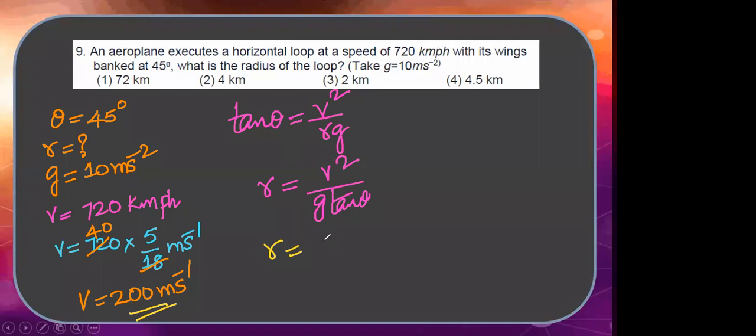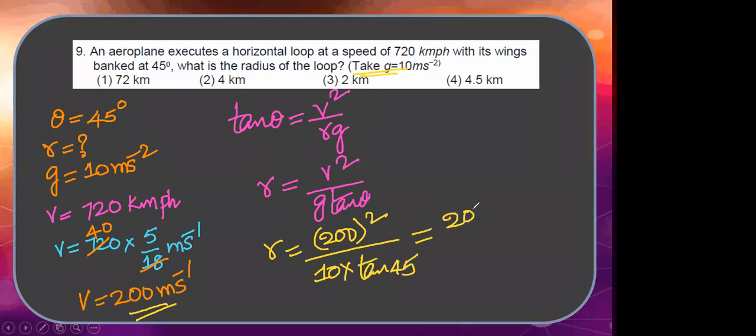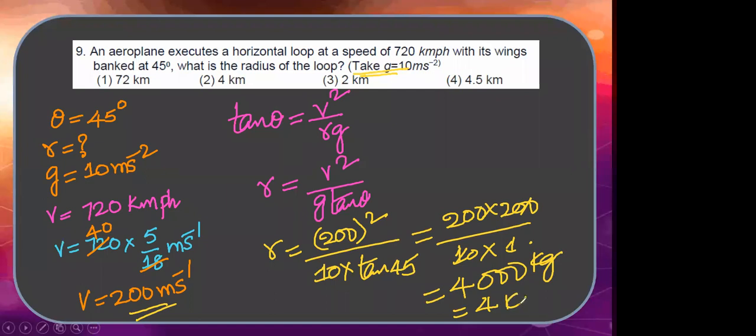V is 200, whole square, divided by g, taken as 10, into tan 45. Tan 45 will be equal to 1. 200 into 200 divided by 10 into 1. So this 1 zero gets cancelled. 2 twos are 4. 4 into 1000. This is 4000 meters, otherwise 4 kilometers.